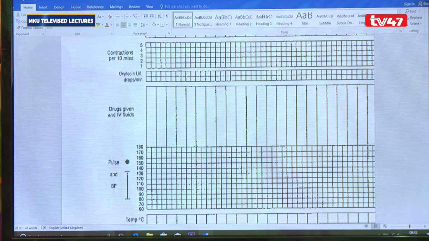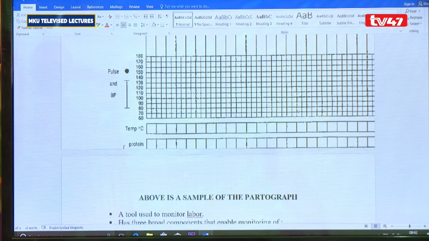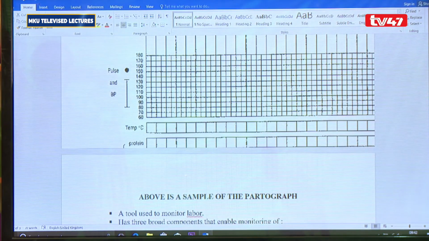Let us look at the next component of the partograph. And this is the one that looks at the temperature of the mother. Again, the temperature of the mother is very, very important. Normal temperature is from 36.3 or 36.4 degrees Celsius up to 37.2 degrees Celsius.